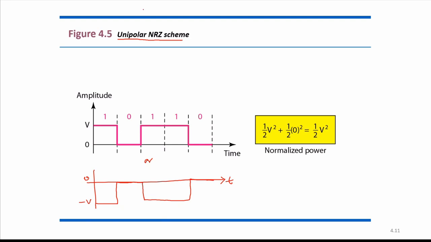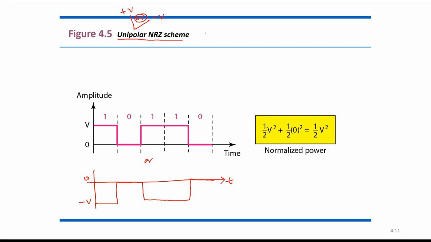So first of all, unipolar means it will be on only one side of the time axis, either positive V or negative V.